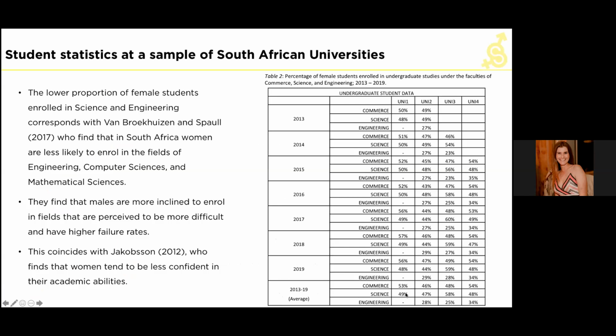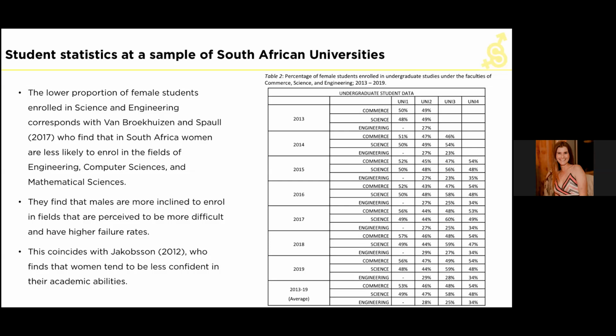So they have a lower female share in science at University 1 and 4, but higher at University 2 and 3. Engineering in general across all universities and time is really low, in the 20th and 30th percentiles.